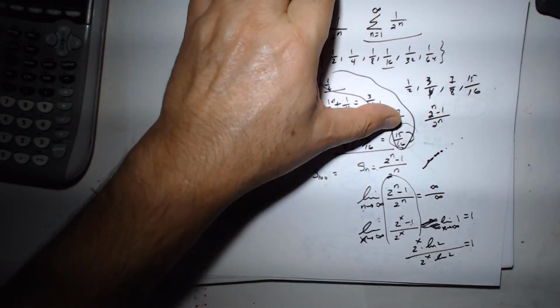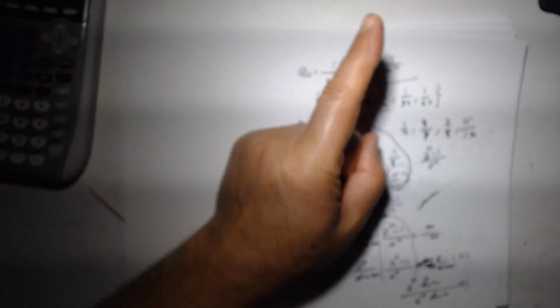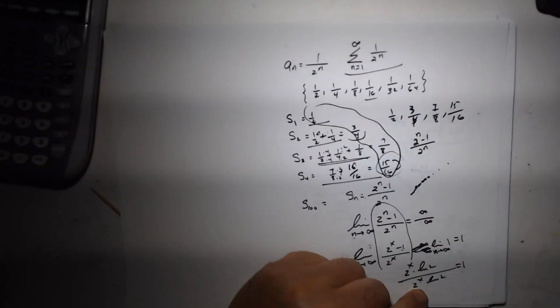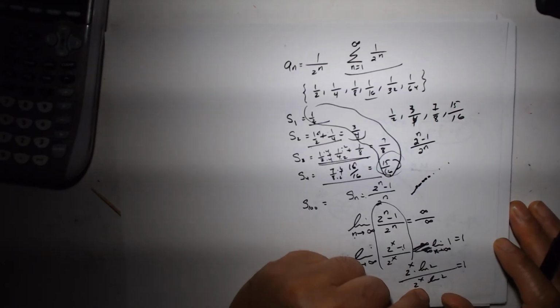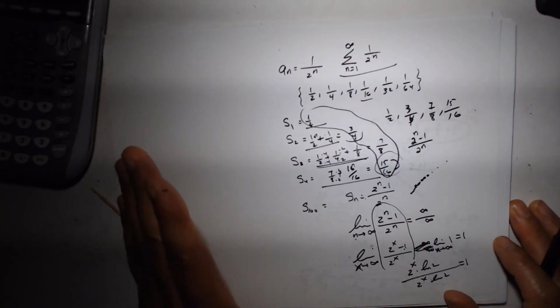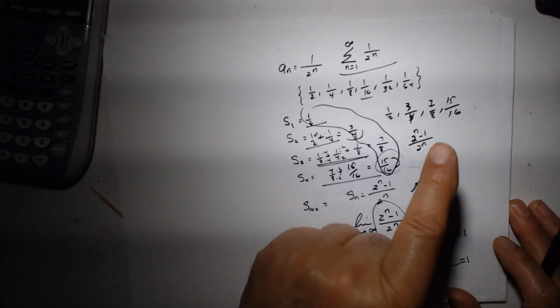What did we say? We say converge. Converge to 1. Did I say it is 0.99999? I did not say that. I said it converges to 1.